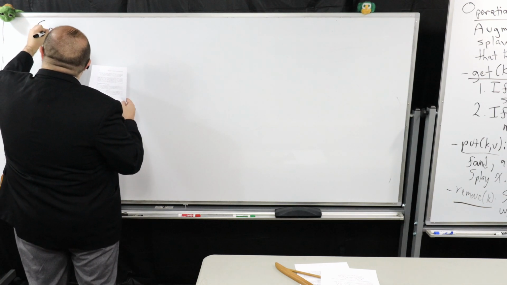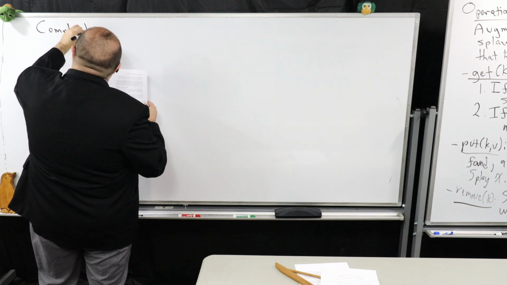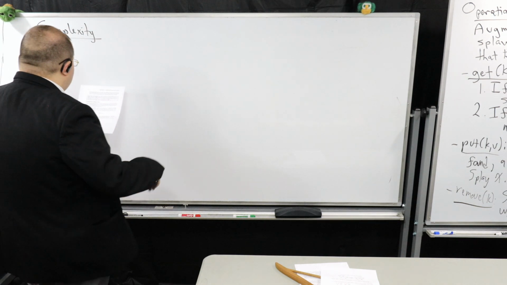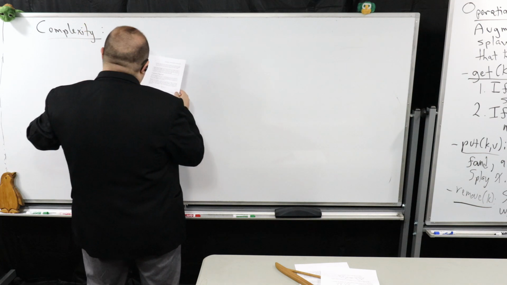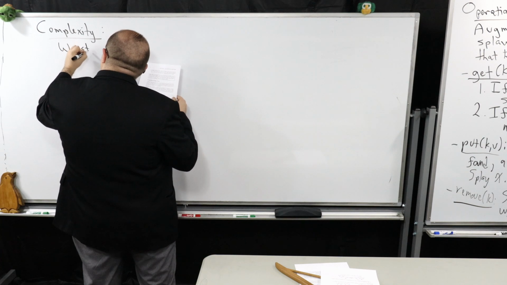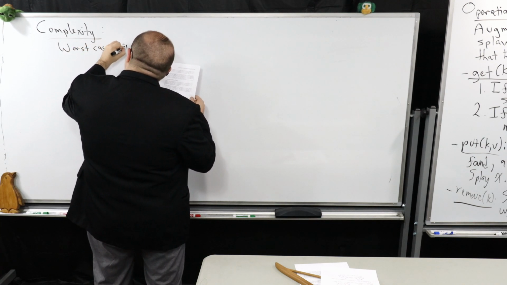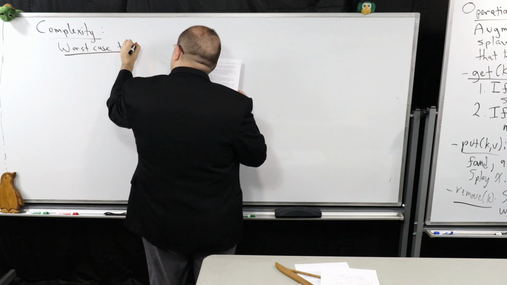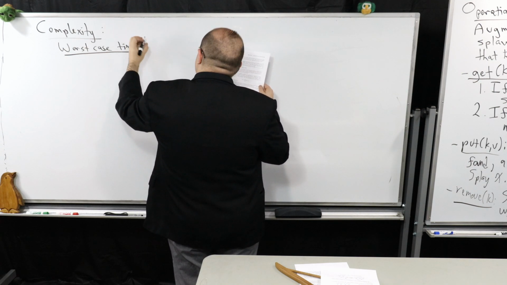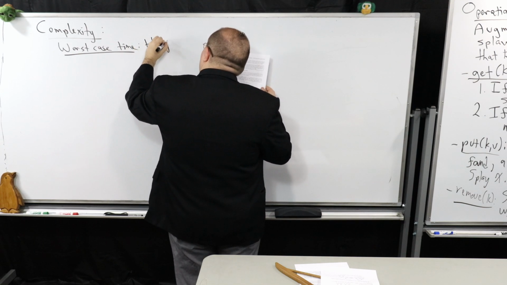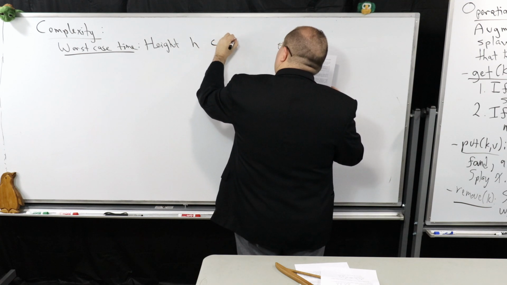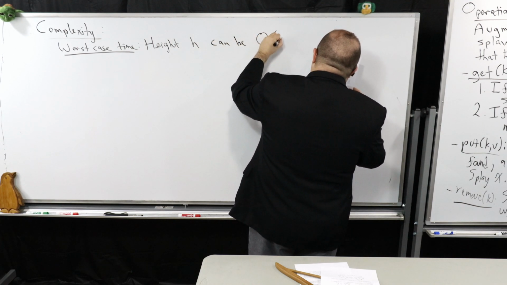So here's the complexity things I wanted to talk about. These are the big things I really want to touch upon. So, the complexity of splay trees. Of course, the worst case time of a splay tree depends on the height of the tree. Well, height h can be big O of n, right?